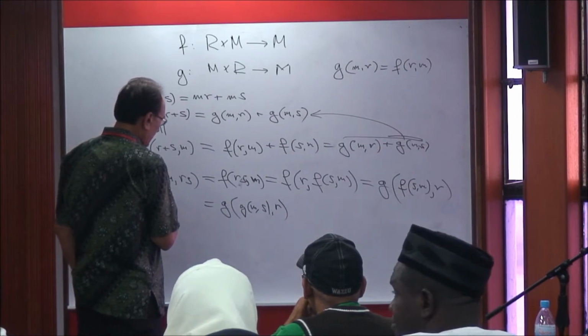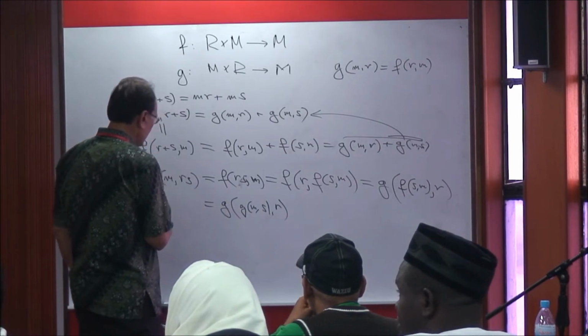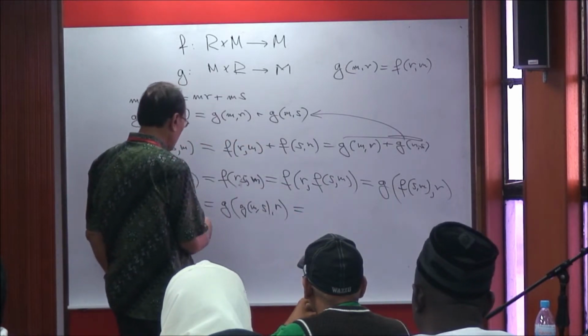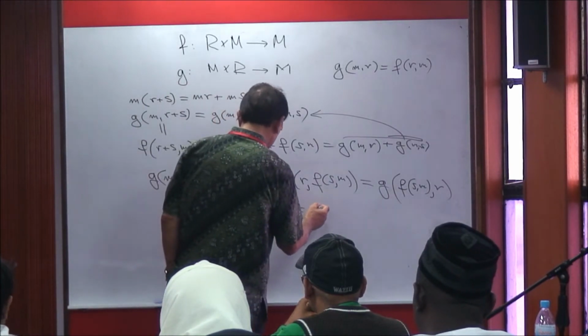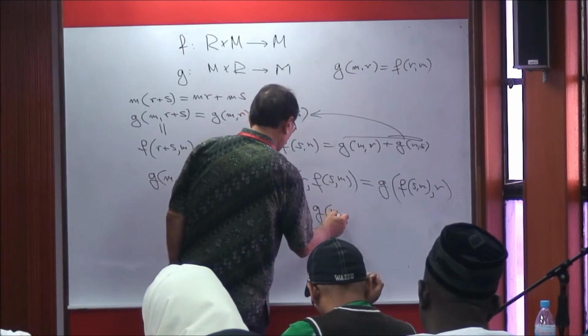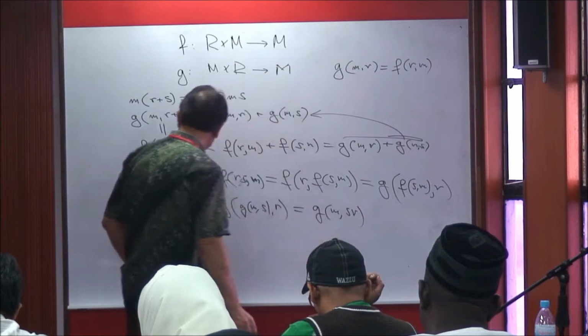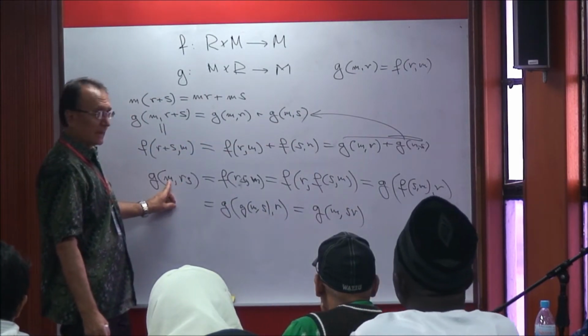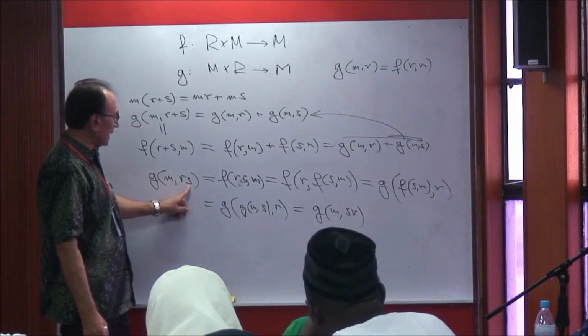Yeah. Now, if I write it in the normal way, it should be G(m, s) r. You see, here I have m r s.